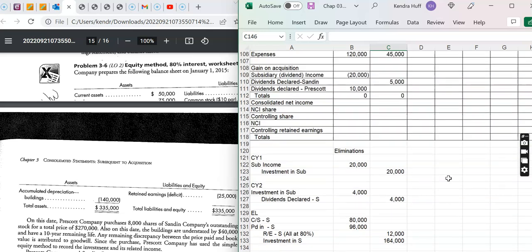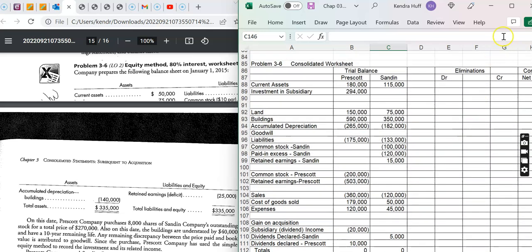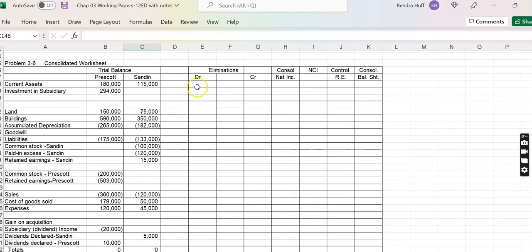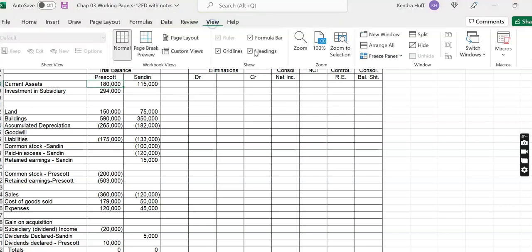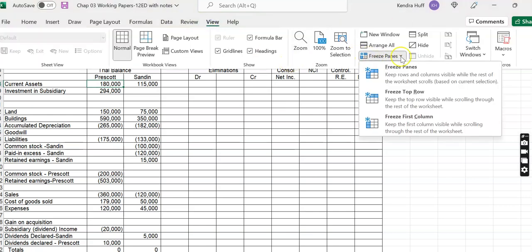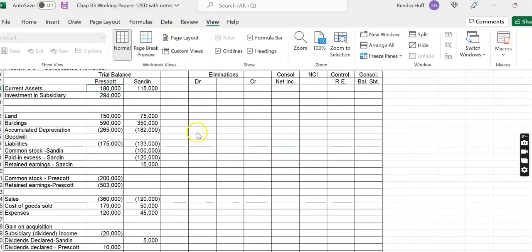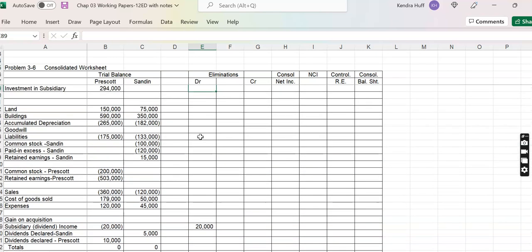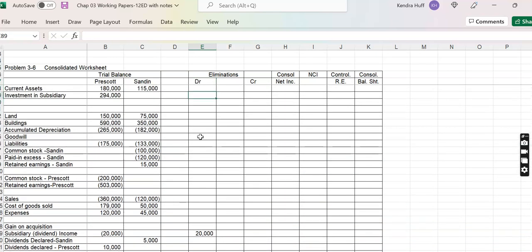Okay, let's put them in. I'm going to freeze my panes as usual. I'll make this big. $20. I'm not putting my keys. I'll probably regret it, but anyway.